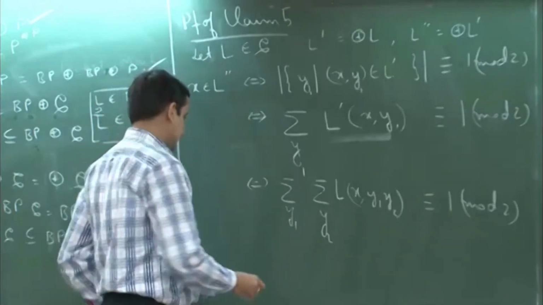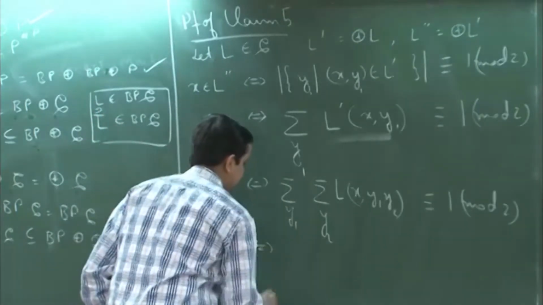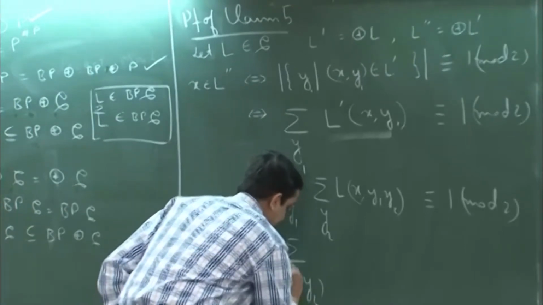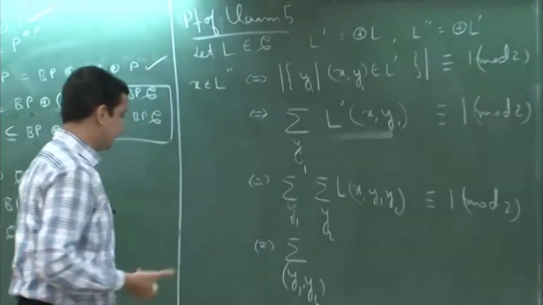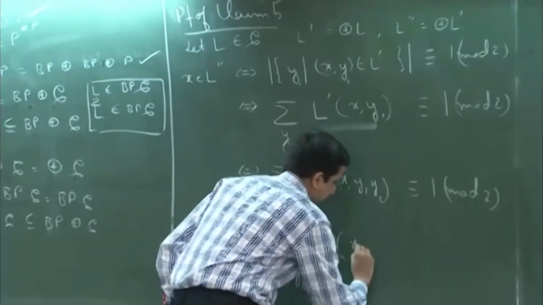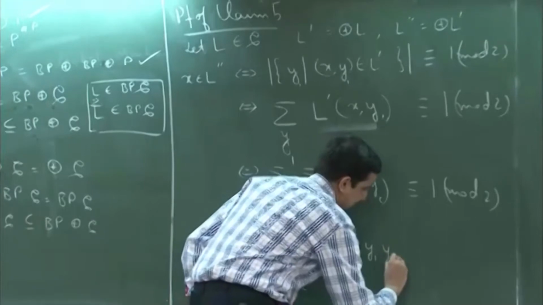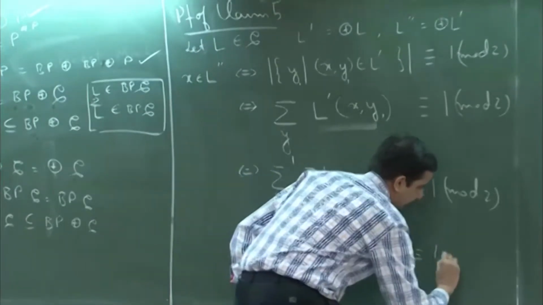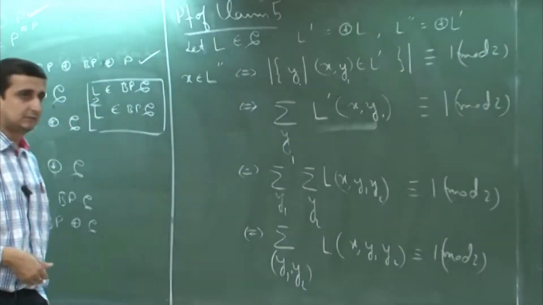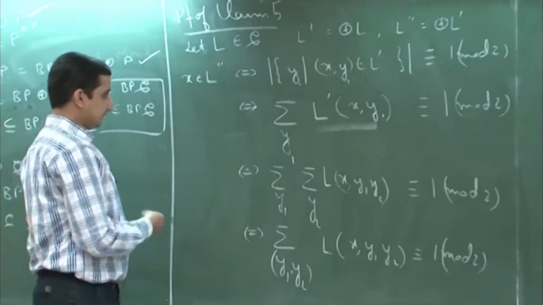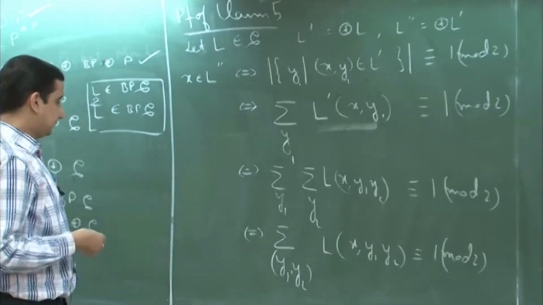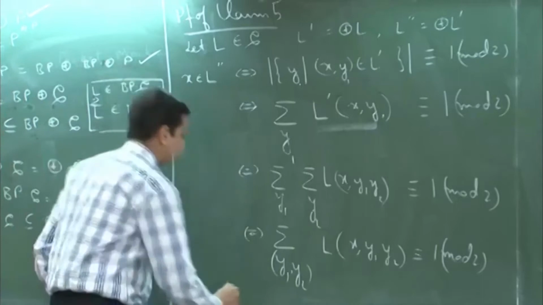If I combine these certificates, I can look at them as just one pair. So the number of such pairs is odd, because I am summing a certain number of odd numbers, so that will give me an odd number again.